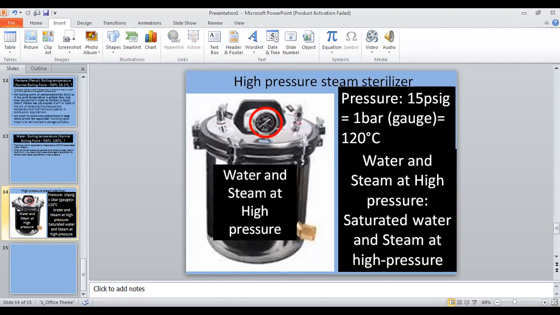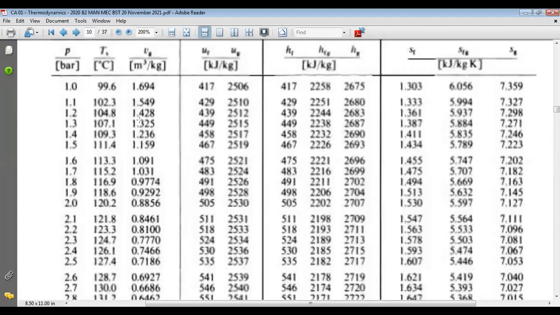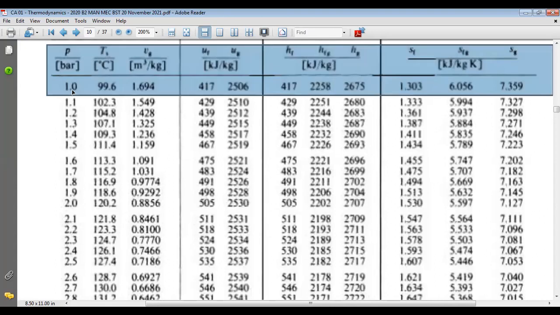So let me go to your steam table. This is the one. So 1 bar gauge is something different, but here at least pressure at 1 bar, you can see temperature is 99.6 degrees Celsius.